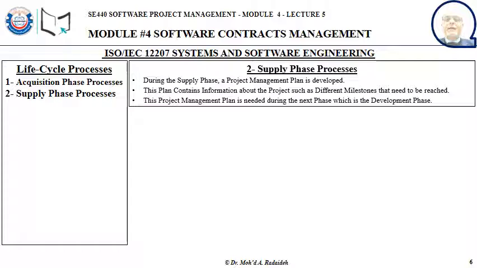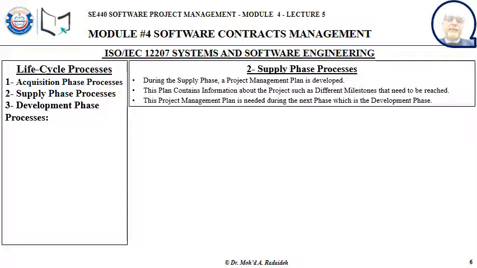The plan would contain information about the project, such as the milestones that need to be reached, the work breakdown structure, etc. You can refer to the third module of this course for more details on the project plan and project planning. Indeed, such a plan would be needed during the development phase.